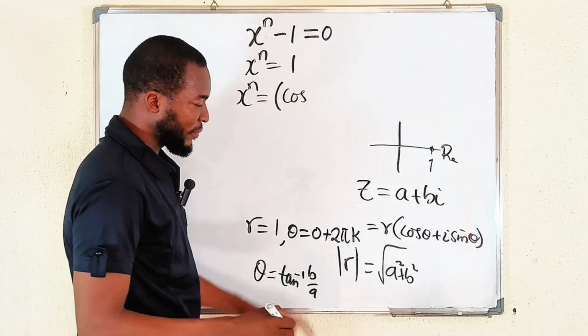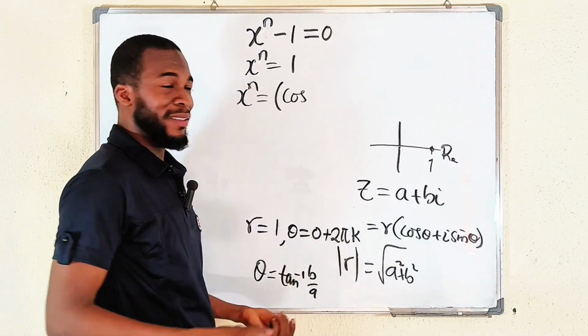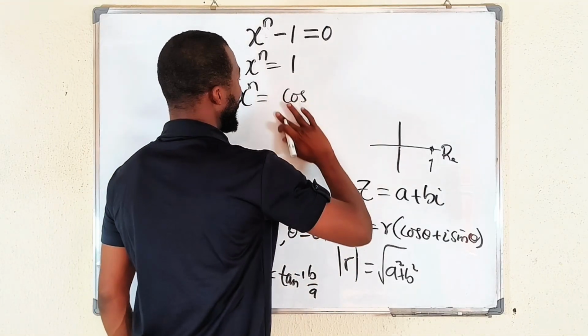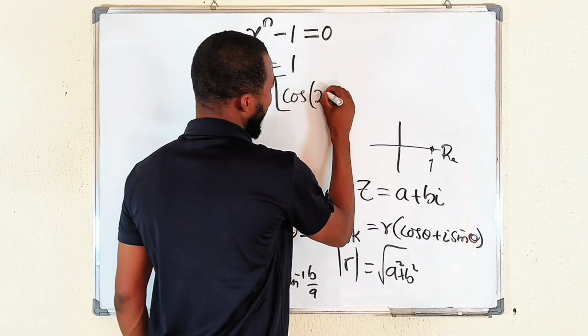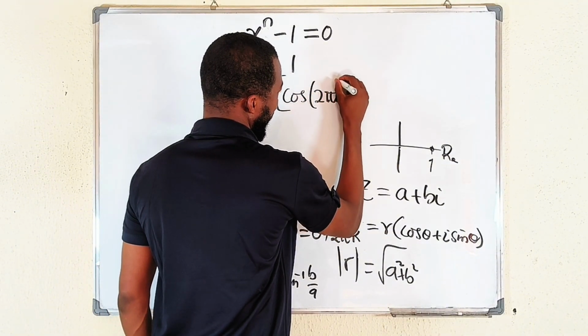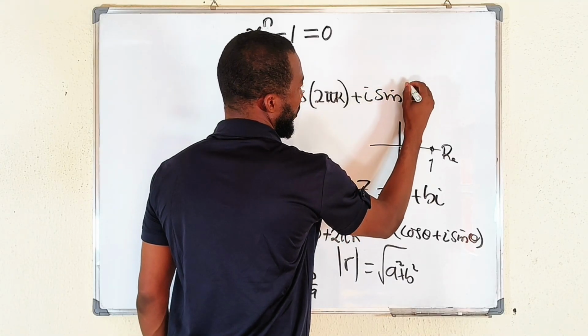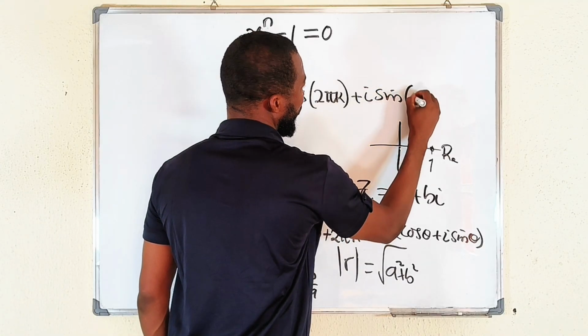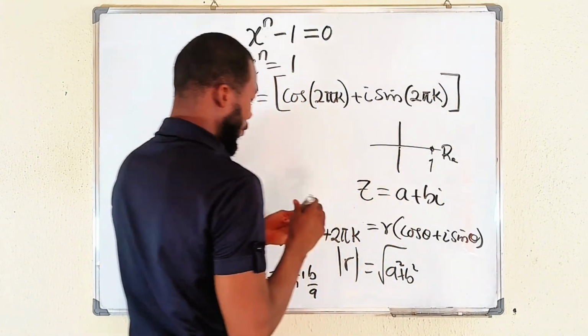Cosine of what? Theta, which is 0 plus 2 pi k, is still 2 pi k. So let me use a square bracket here: 2 pi k, plus i sine of 2 pi k. We are almost done.